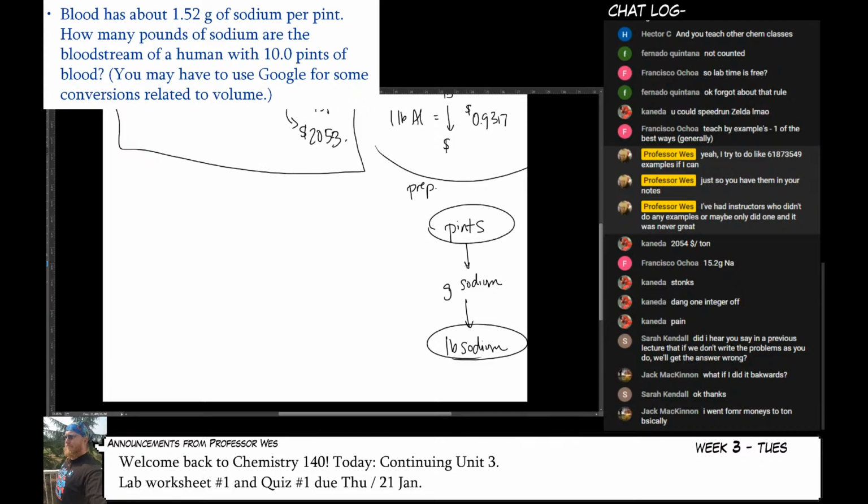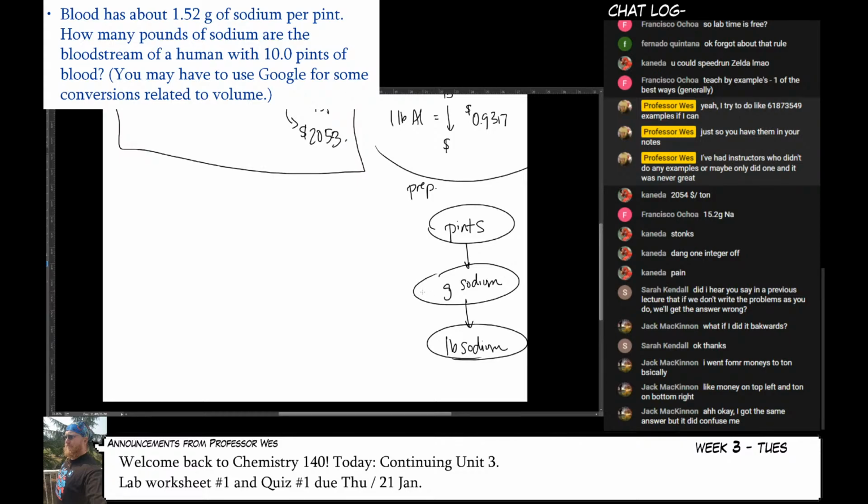And I know how much sodium there is per pint. So there's my plan there. You could get really lost if you weren't just starting with the number by itself. Don't start with a conversion, because the odds that you have to flip it are 50-50. If you use it just how it's written, you might have to use it backwards. In fact, in this problem, you do use it backwards.